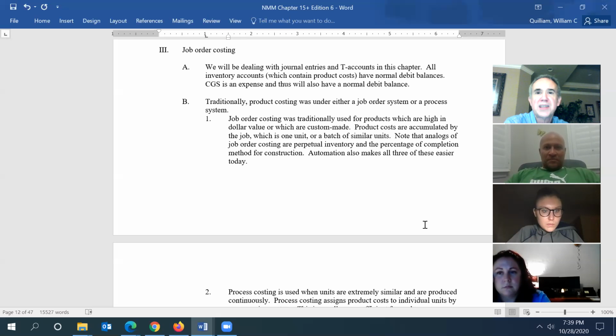So in job order costing, we tend to track costs in real time. And that's just like a perpetual inventory system where we always know what we have. That is very cumbersome to do by hand, but much, much easier to do with technology. So job order costing has become a lot more common than it used to be, because the record keeping now, we don't have to do it manually.